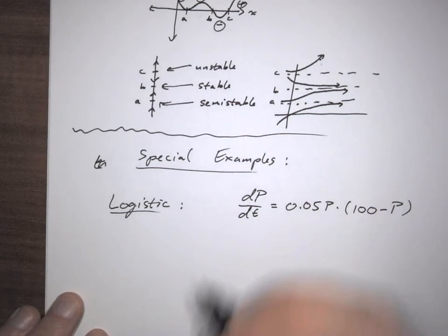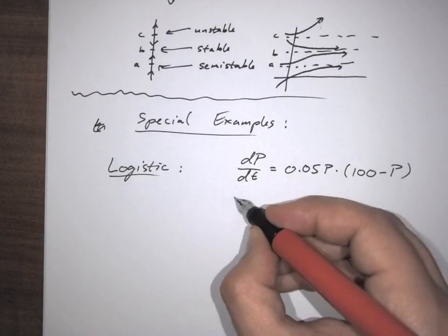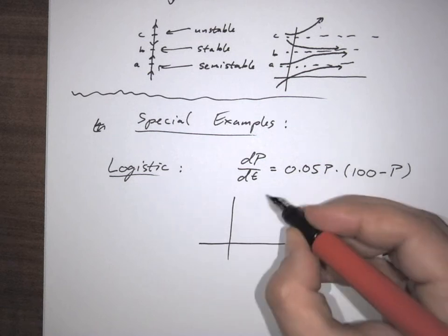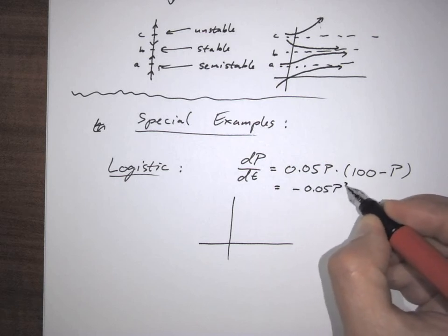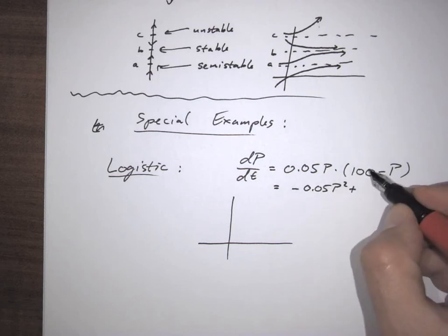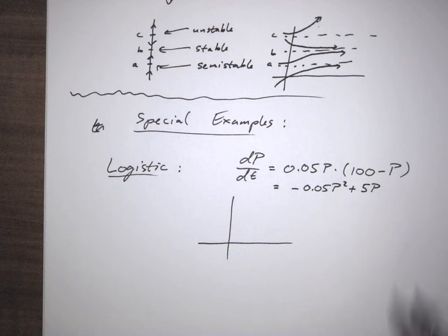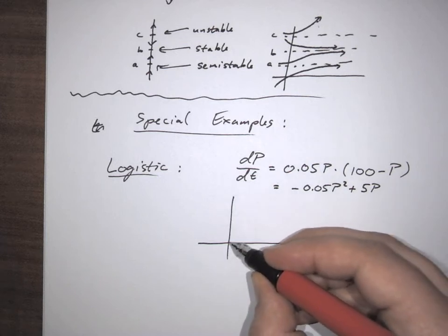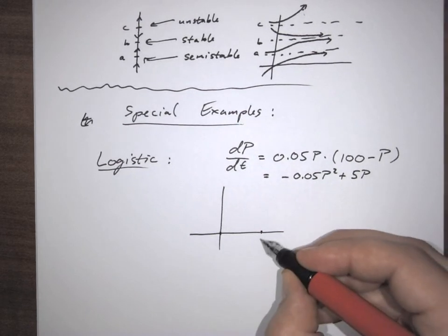Actually, we'll just take that as a specific example. So these are both, of course, open for debate. Now, thinking about this just as the quadratic that it is, it's negative 0.05 p squared plus 5p. So this is a quadratic. It's going to be facing downward, and it's going to have roots at 0 and 100.